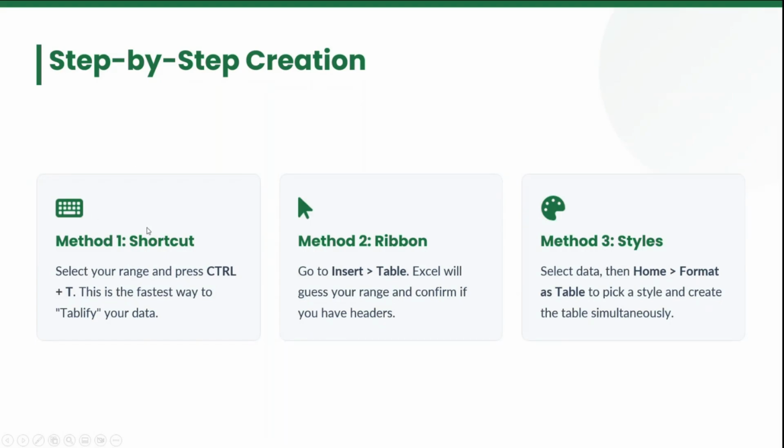Whenever you create a table, the first method I would suggest is a shortcut. For example, you can select your range and press Control plus T at the same time, which is the fastest way.